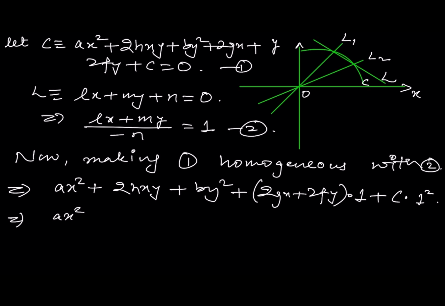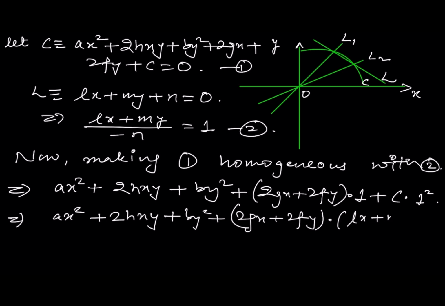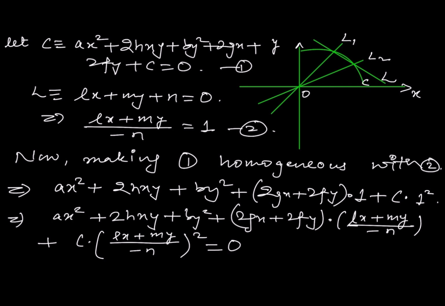So now x square plus 2hxy plus by square plus 2gx plus 2fy into lx plus my on minus n plus c into lx plus my on minus n whole square is equal to 0, right?